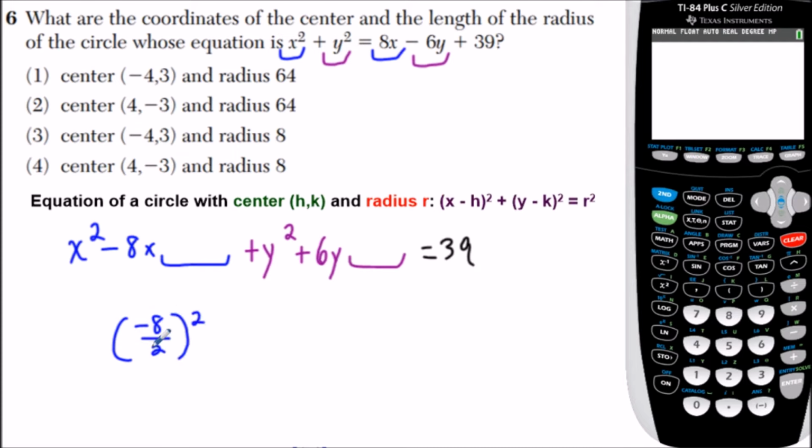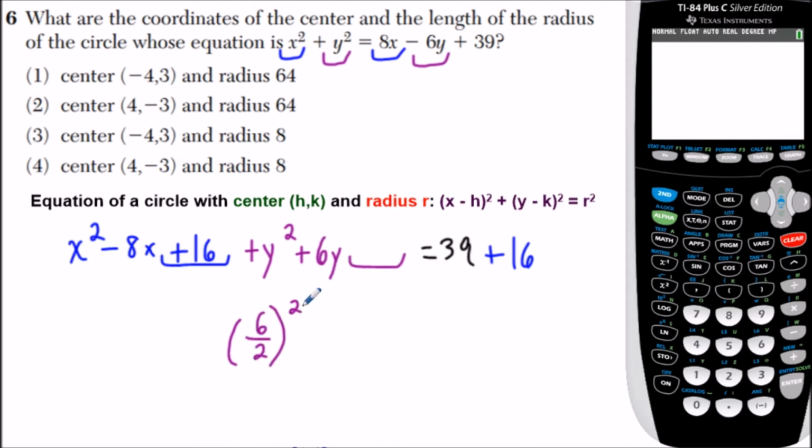Negative 4 squared is 16, which tells us we're going to add 16 to both sides of this equation. Now for the other one, same concept. We're taking half of the b term, which in this case is 6. We're squaring it, and 3 squared is 9. So we're going to add 9 now to both sides.